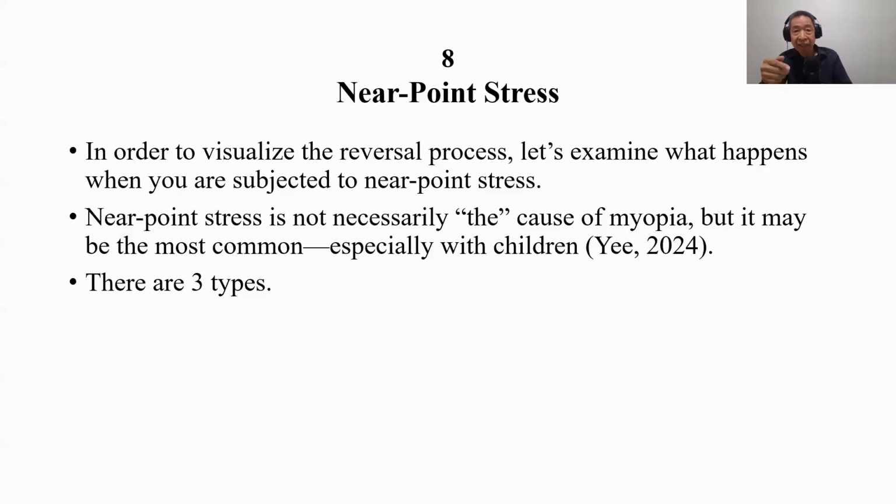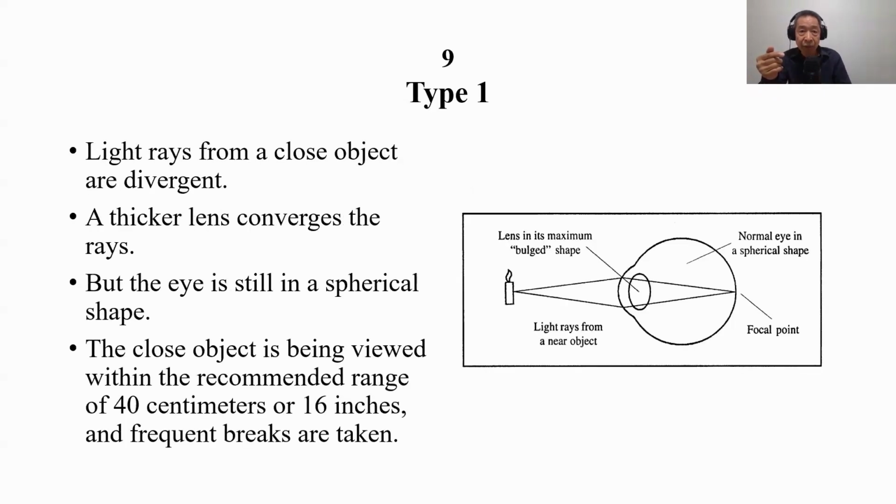Near-point stress is not necessarily the cause of myopia, but it may be the most common, and there are three types. In type 1 near-point stress, light rays from a close object are divergent, and a thicker lens converges the rays. Thicker means the lenses bulge or take on a rounder shape, and the eye is still in a spherical shape.